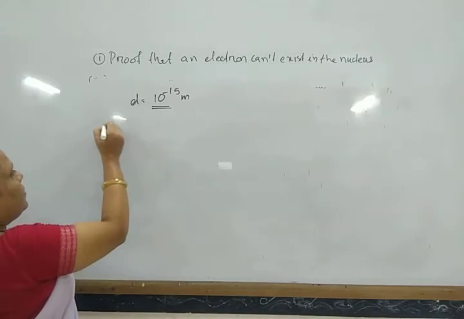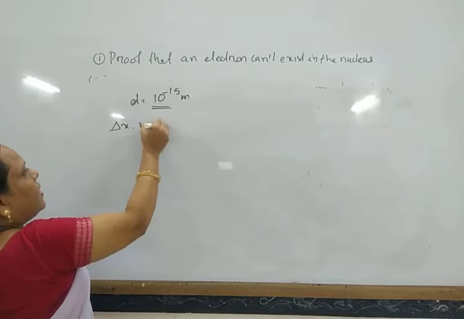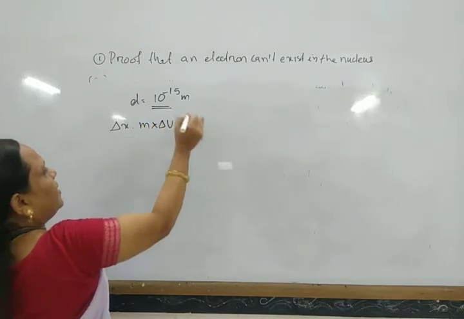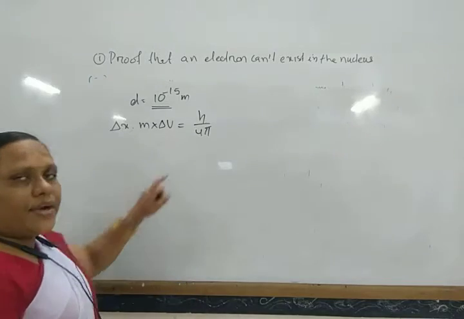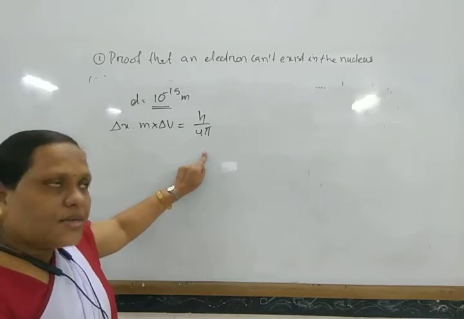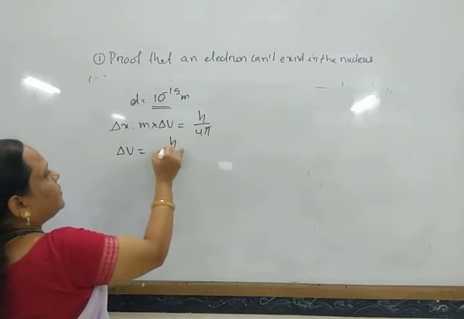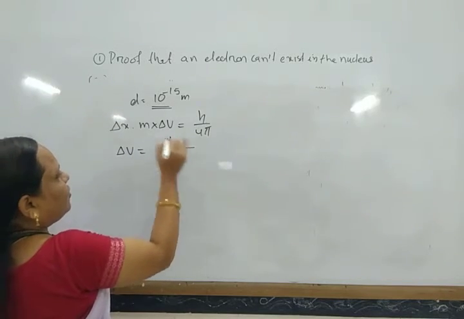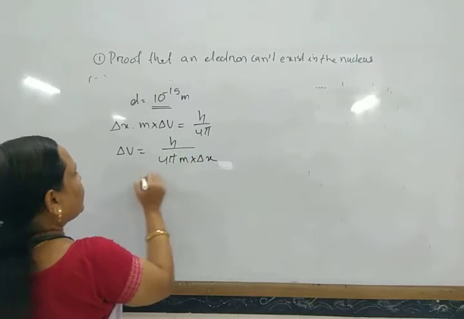So we know that del x into mass into del v equals h by 4 pi according to the uncertainty principle.